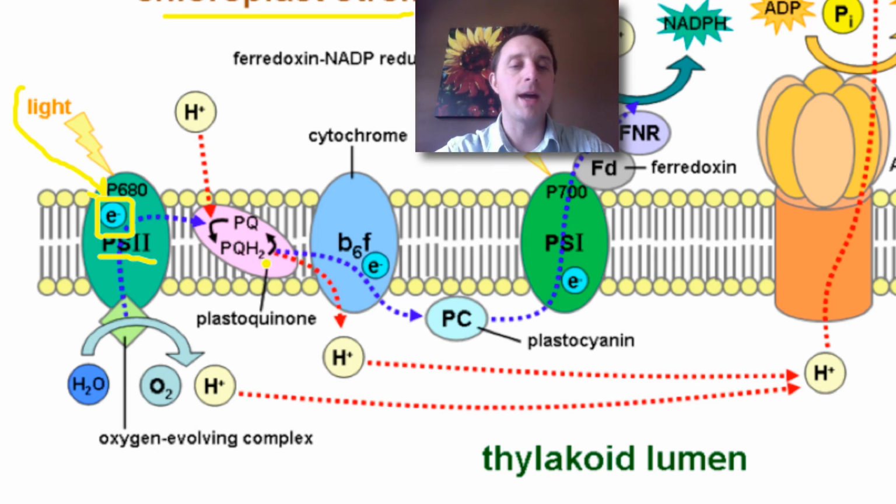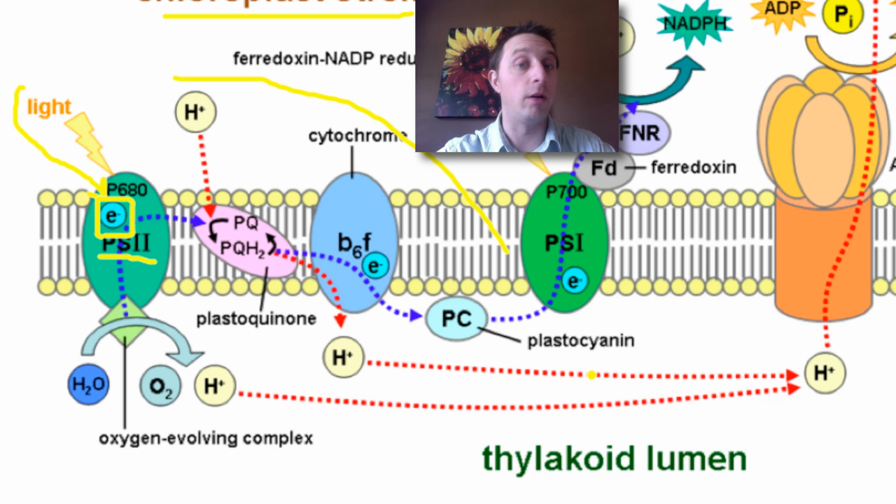It gets passed on to this series of proteins here, all within the thylakoid membrane. This series of proteins is called the electron transport chain, or ETC. The exact names of all of these proteins are not terribly important.